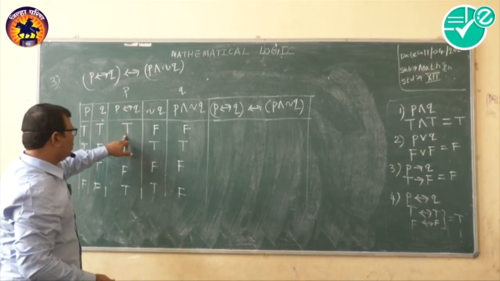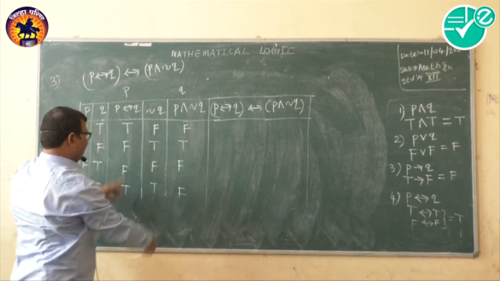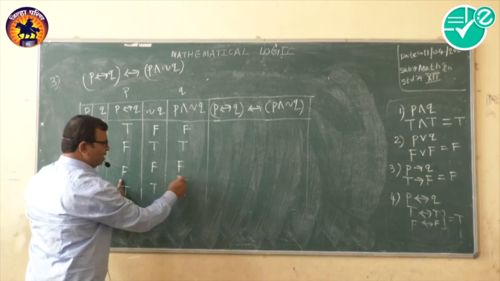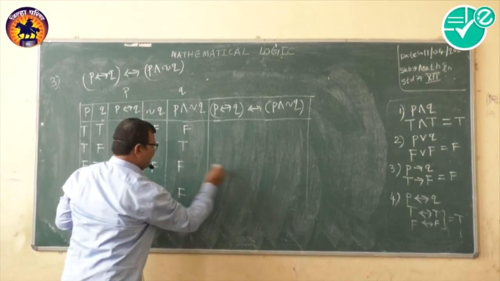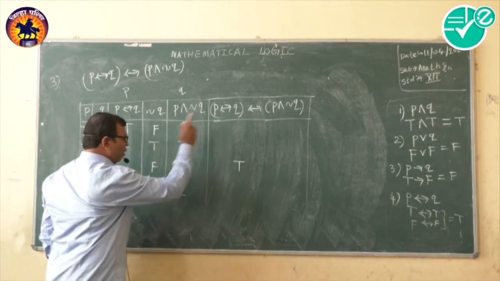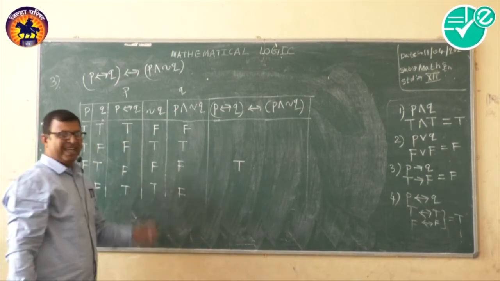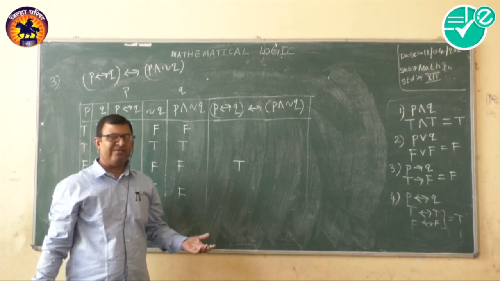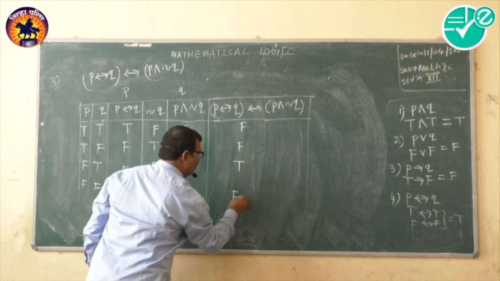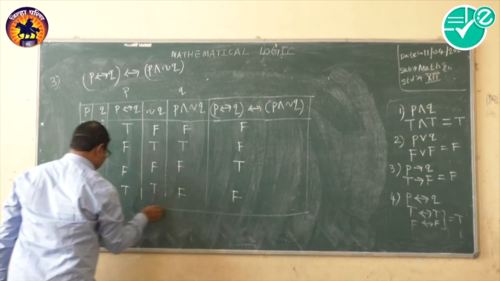Double implication, true, false, not applicable. False, true, not applicable. But false, false means true. So only the third term is true and all the others are false. Here it is false, false, true, false. We have solved this example.